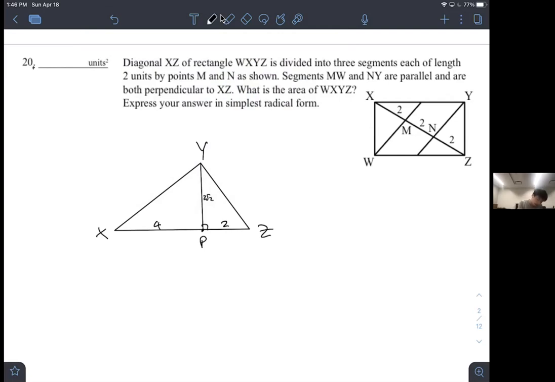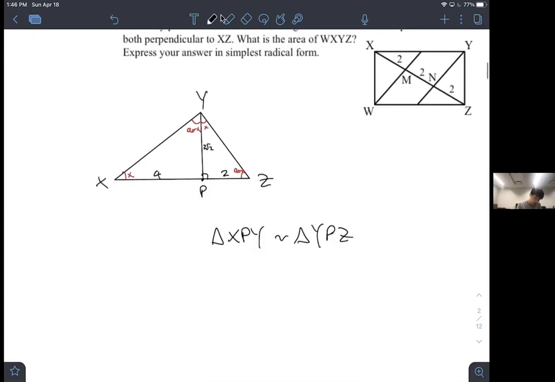Or alternatively, we can do some angle chasing. So this is X, this is 90 minus X, this is 90 minus X, and this is X. So we have that triangle XPY is similar to triangle YPZ, matching smallest, biggest, largest angles.